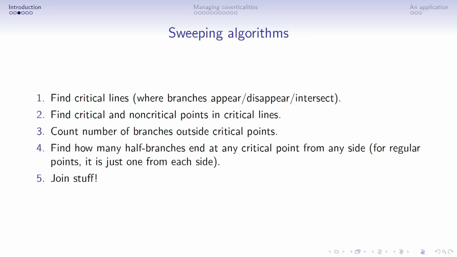But the main idea is that we sweep the plane in the direction of the horizontal axis, and at a general point of the sweeping, we would find in the vertical line that the points are regular, and the number of branches of the curve is preserved. There are some special lines where some branches even join or disappear or are created.